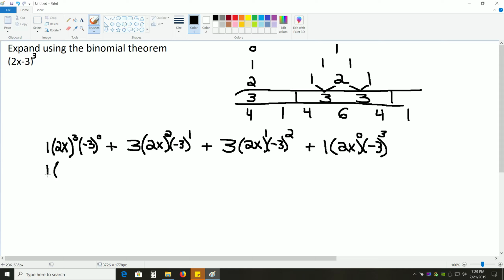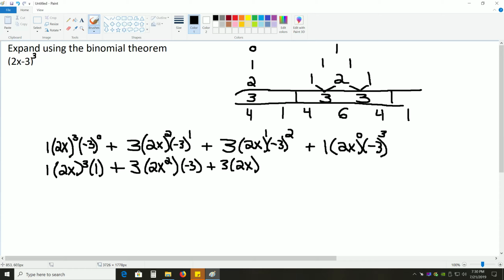So we end up with 1 times 2x to the third times 1, just to show the simplifying that happened here. Again, we have 3 times 2x squared times negative 3 to the first is negative 3, plus 3 times 2x to the first is just 2x.